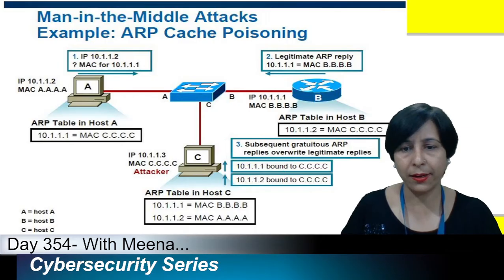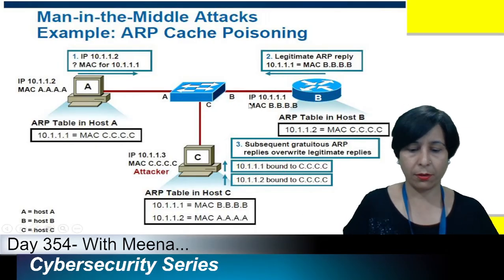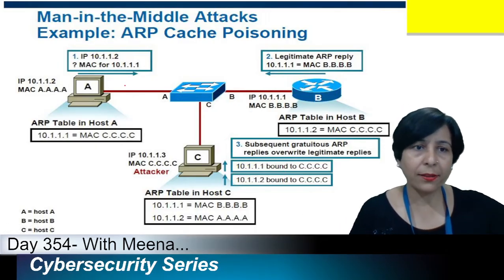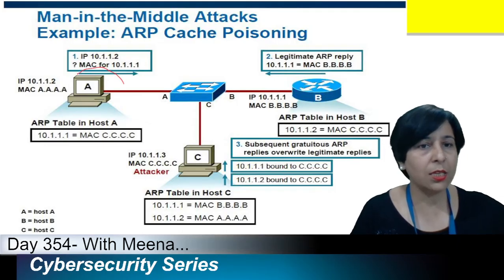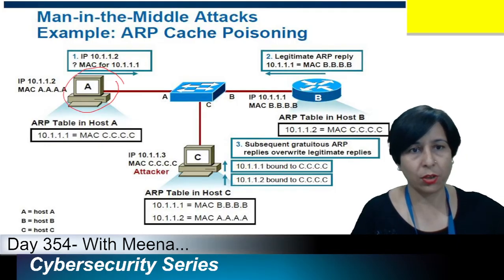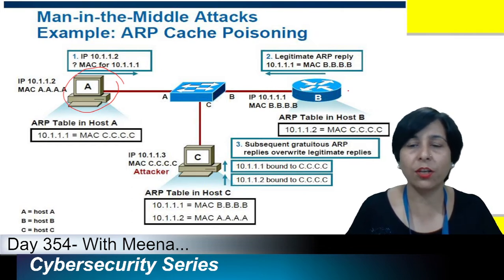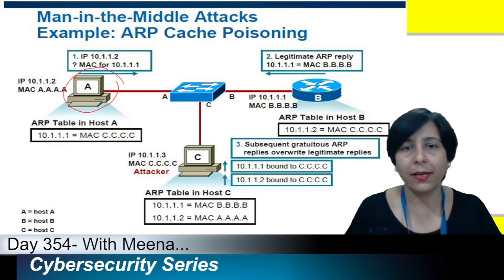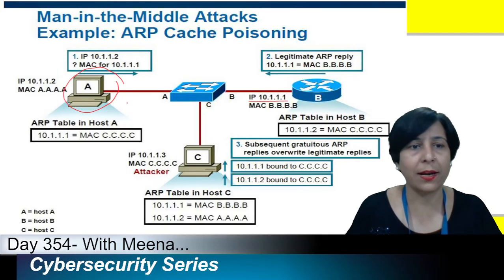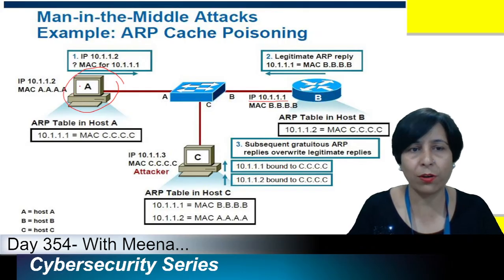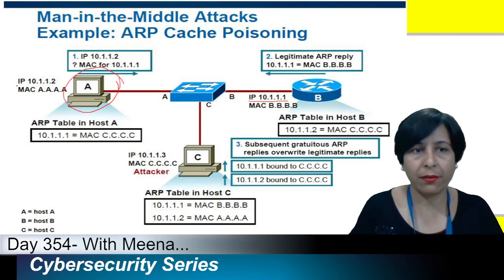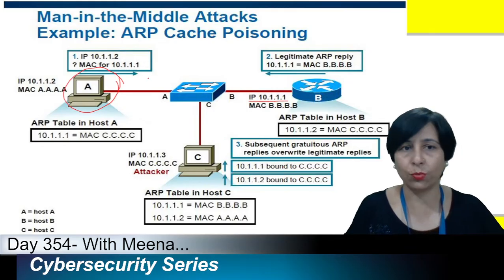As you can see in this picture, for example, there is a legitimate user, that's A, and they want to communicate with the default gateway, that's our router, and its IP address is 10.1.1.1, and the IP address of A is 10.1.1.2.